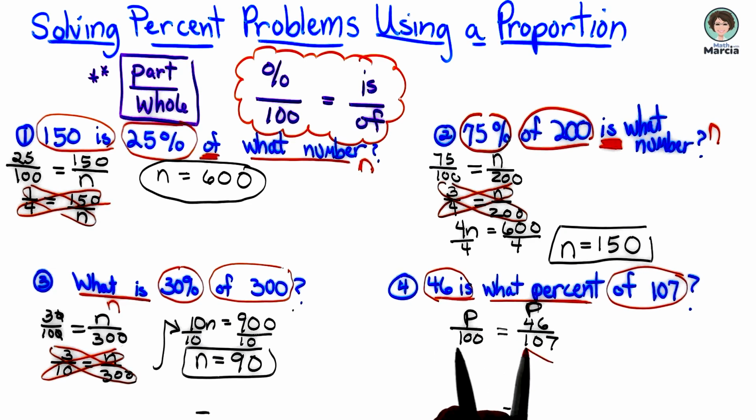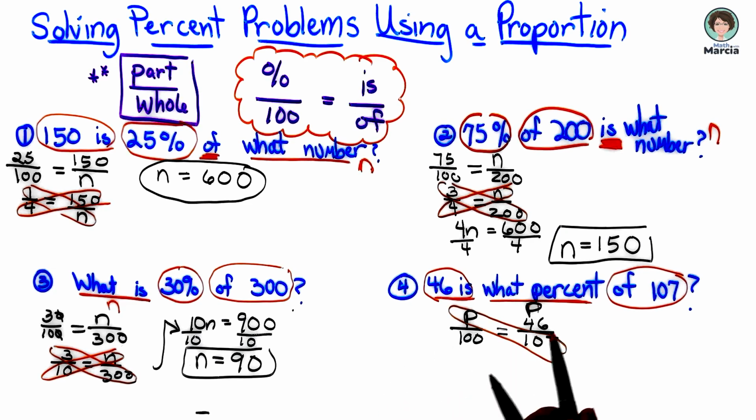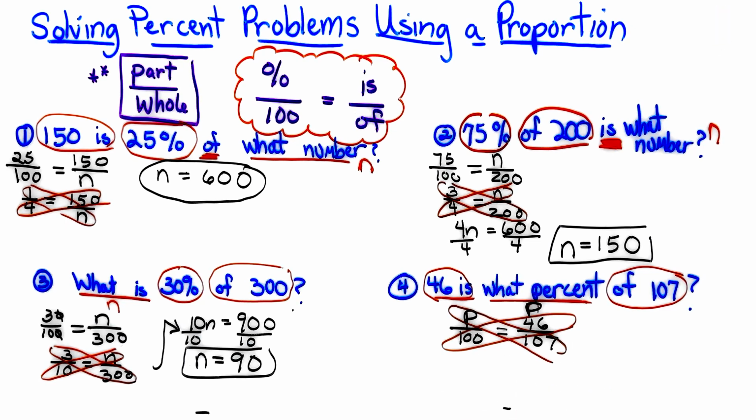Again, here's my cross products. And I get 107p is equal to 46 times 100 is 4,600. I'm going to divide both sides by my 107.